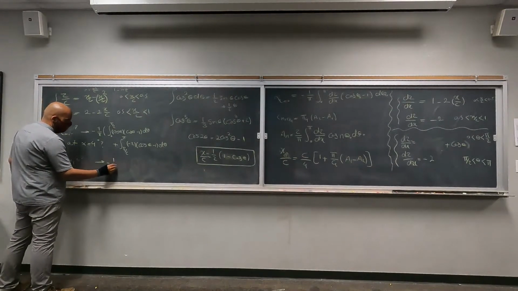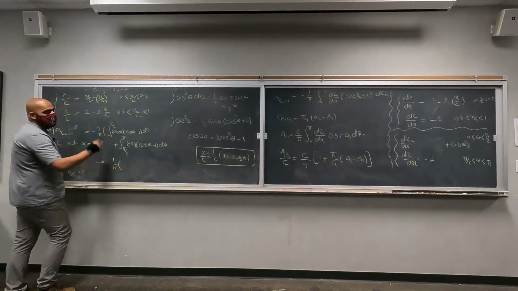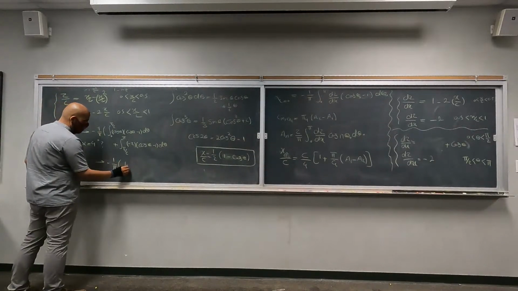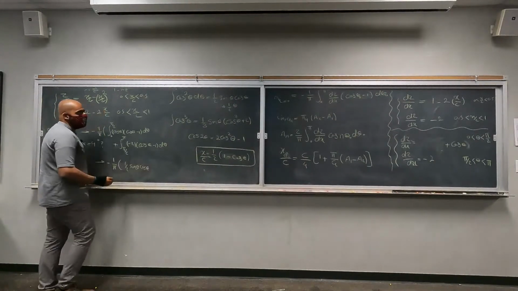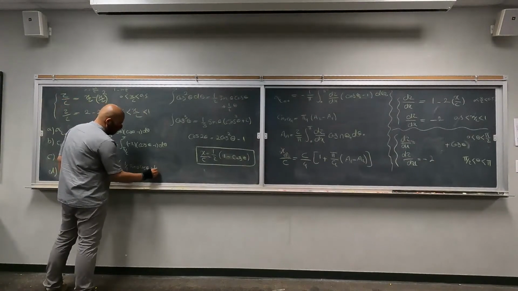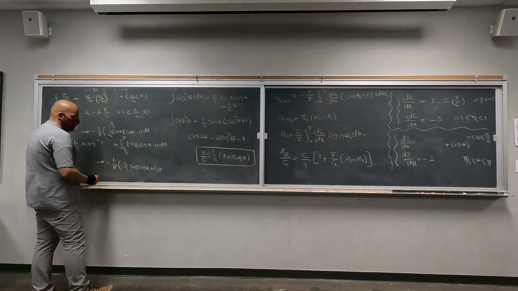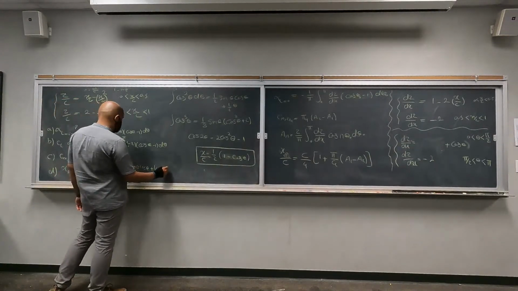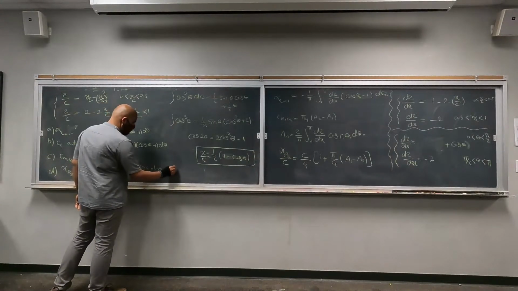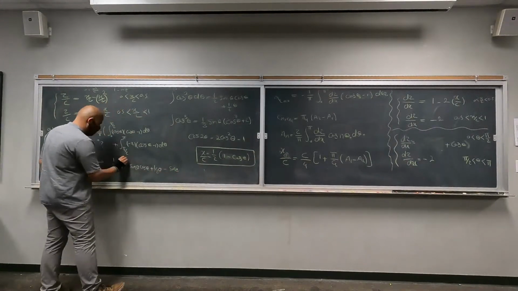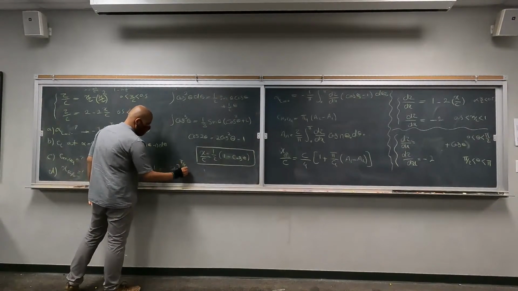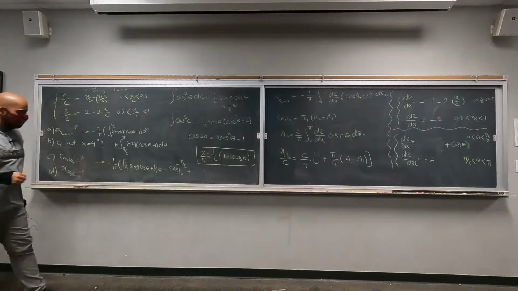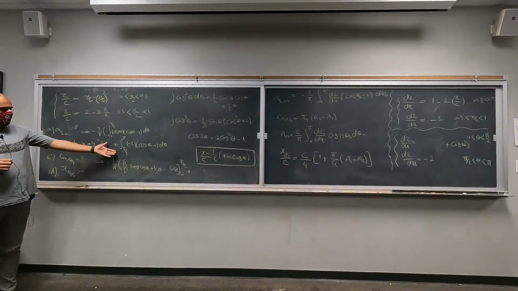So negative 1 over pi. Whatever we have over there, 1/2 sine of theta, cosine of theta, plus 1/2 theta, and minus sine of theta from 0 to pi over 2 plus, what is the solution to this integral?